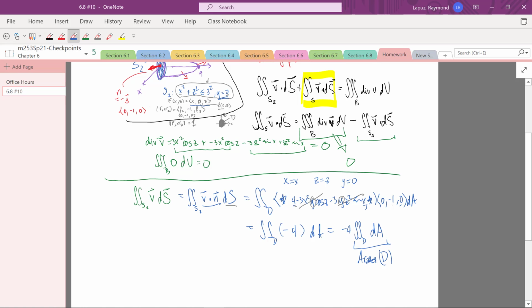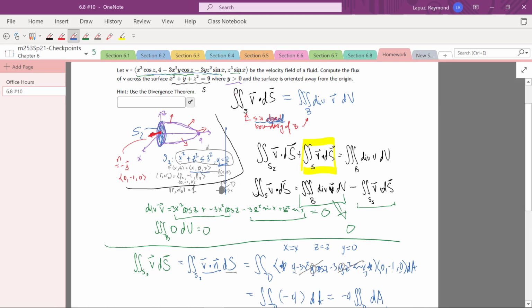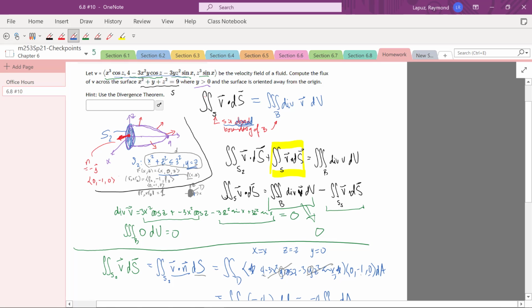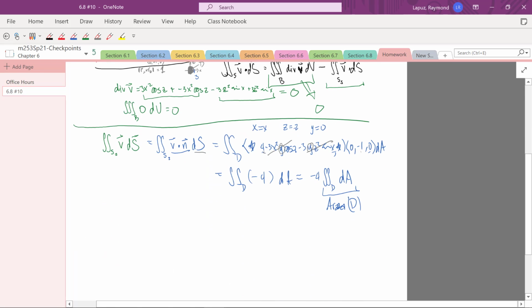D, remember, was the circle of radius 3. And so it's going to be -4 times pi r squared. So that's -36 pi.